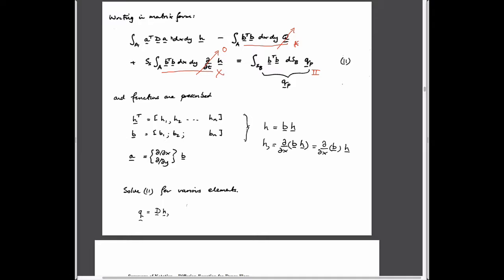And so the simplified form of this expression for the steady state, if I write it out, is equal to this integral times A transpose dA dx dy times head. These are vectors, is equal to QP. This is QP. And this is this.